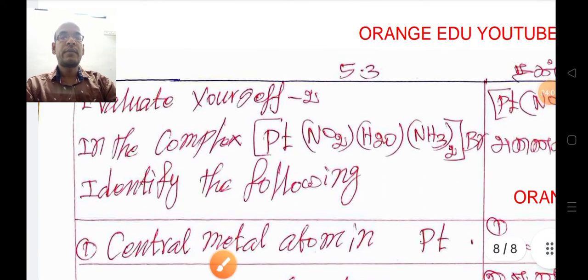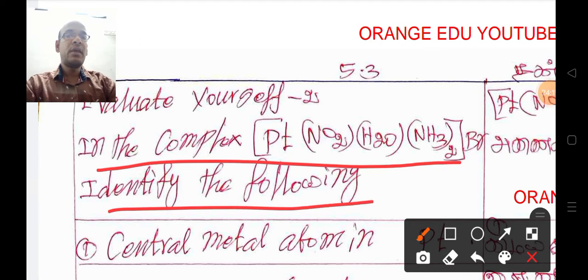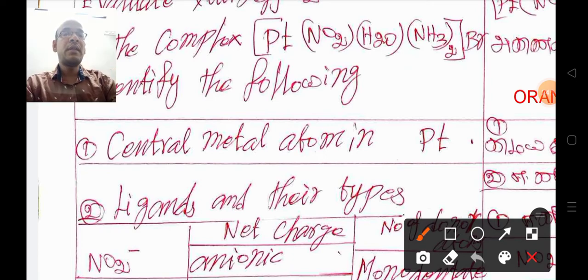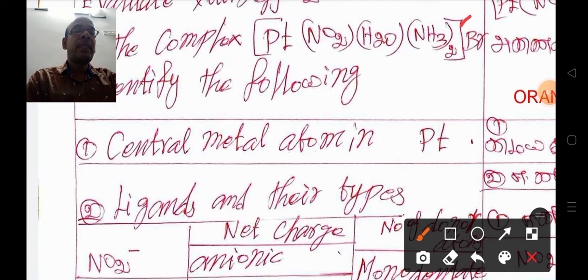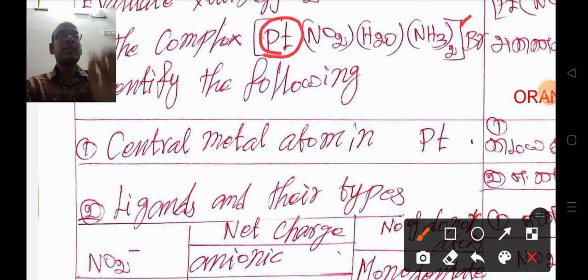This is the complex ion. Identify the following. The square bracket area is called the complex ion or coordination sphere, in which there are two parts. First, this part is called the central metal ion, Pt.